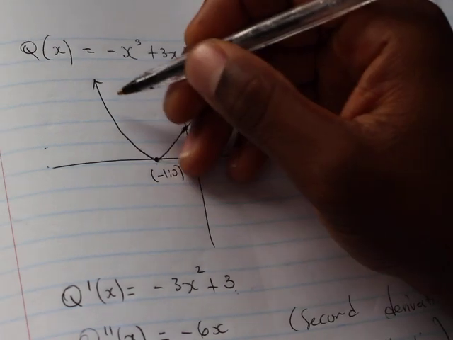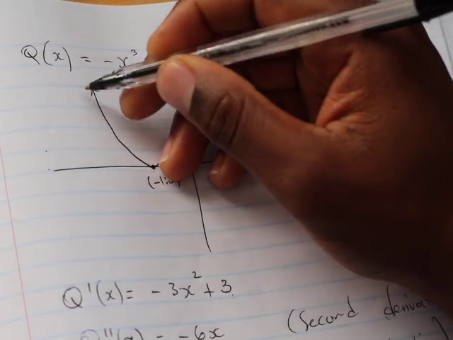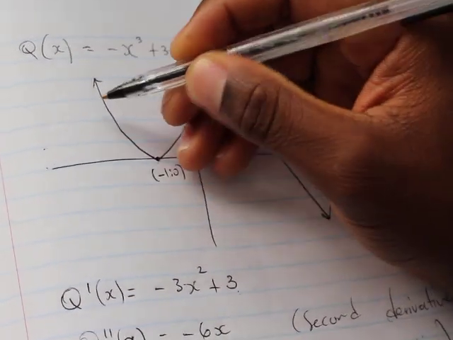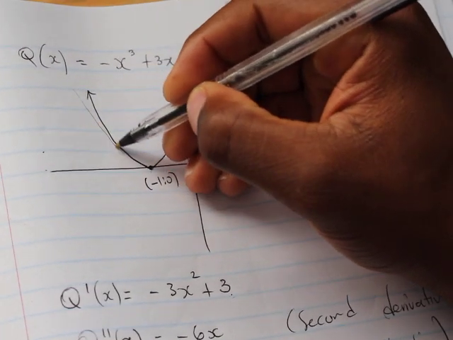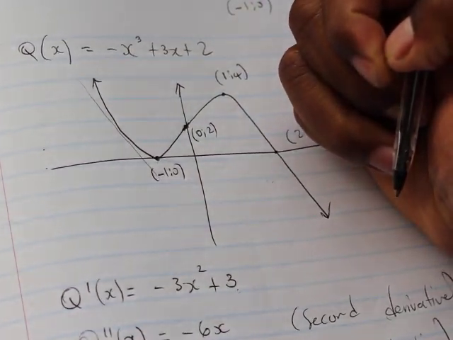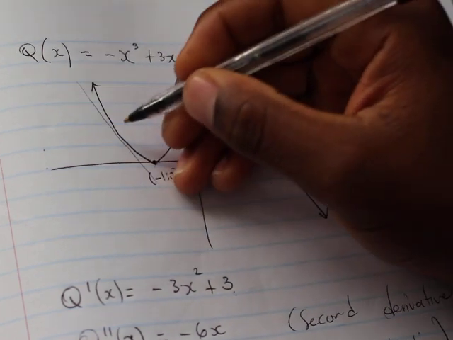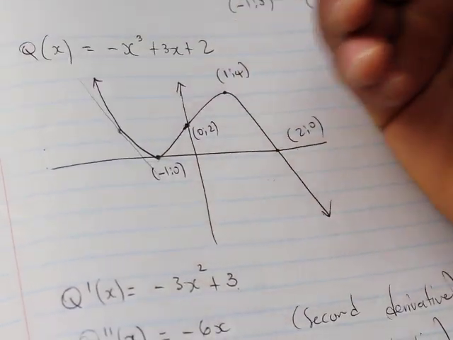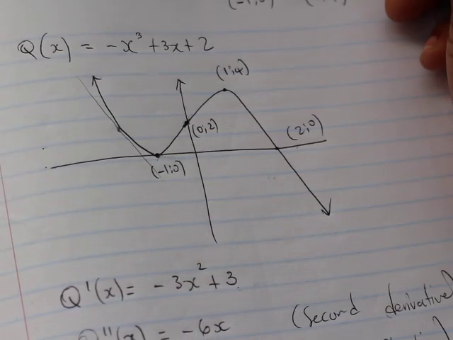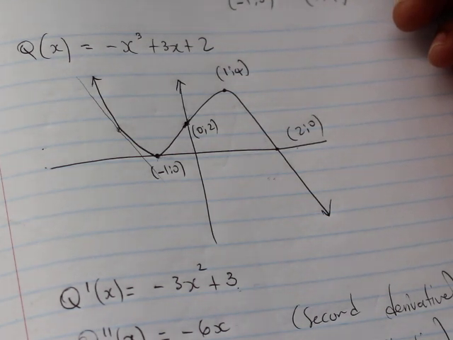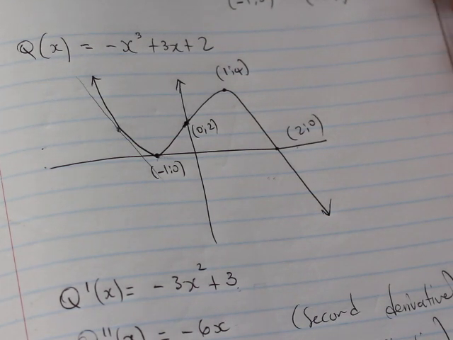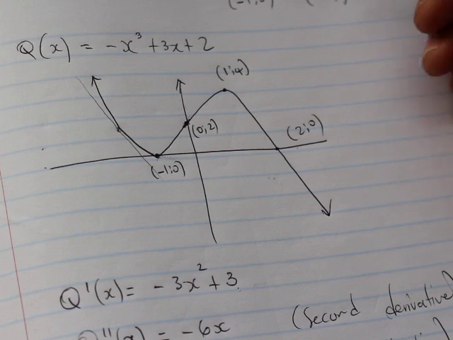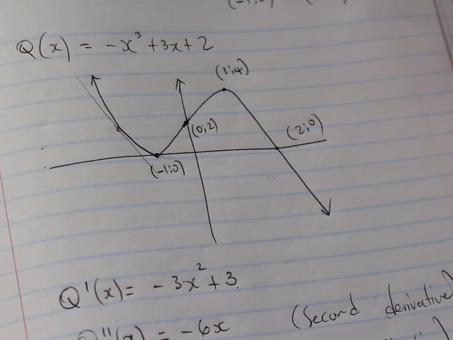So you can see that if you were to draw a tangent here, it would be sloping down. In other words, it would have a negative gradient. And a negative gradient simply means that the first derivative is negative, because the first derivative is essentially our gradient.